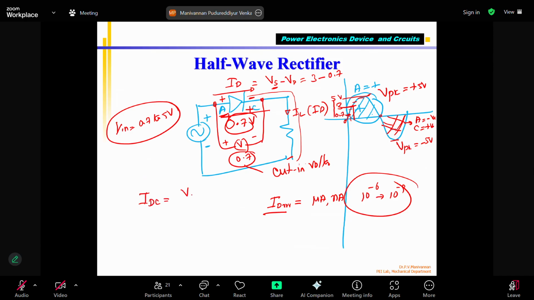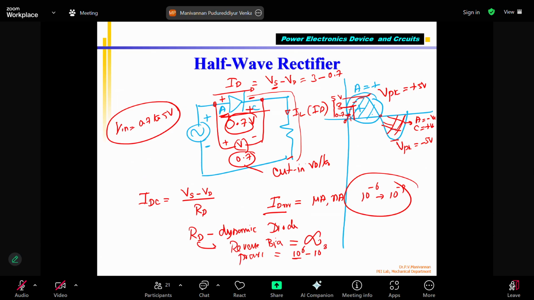Diode current equals V supply minus V diode divided by RD. RD is called the dynamic resistance of the diode. What is dynamic RD in the reverse bias condition? Theoretically it is infinity. Practically, it will be 10 power 6 to 10 power 9 ohms, that is megohms: 1 megohm, 10 megohm, 100 megohm.